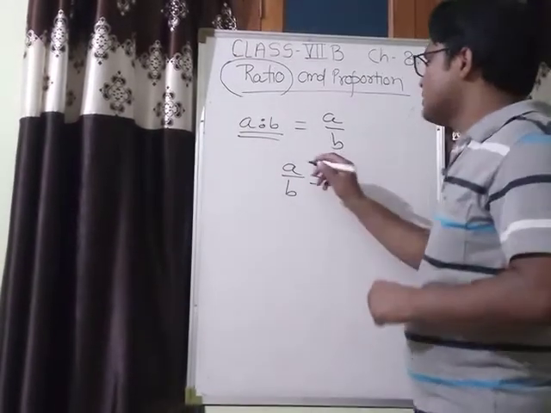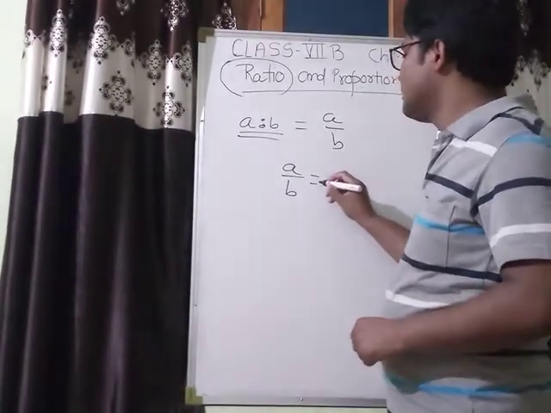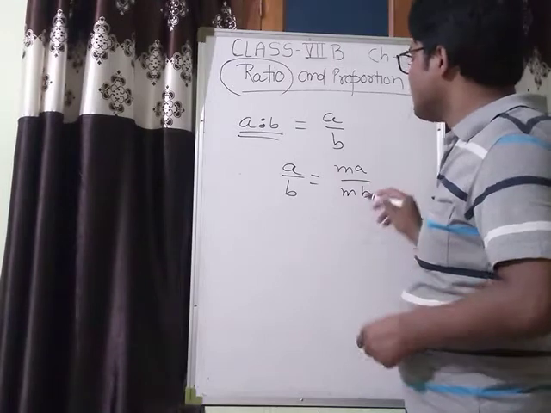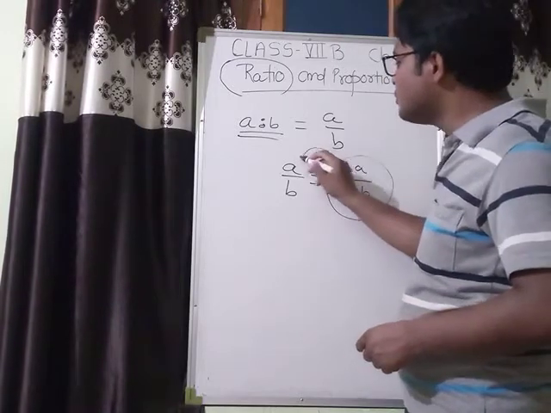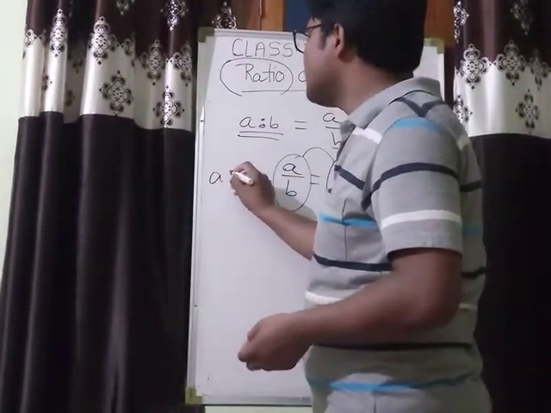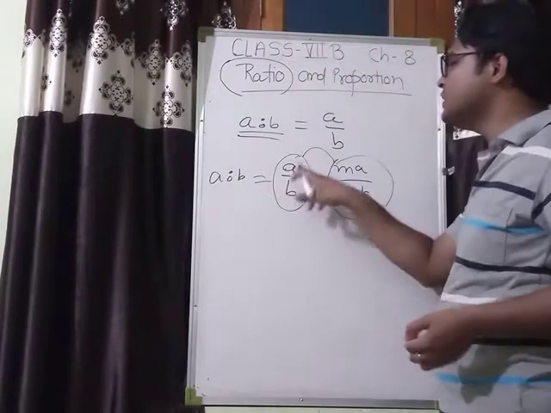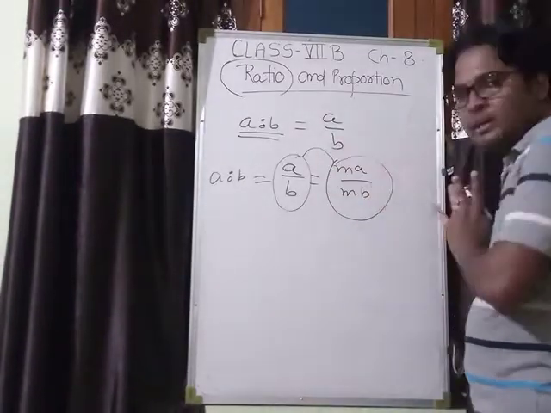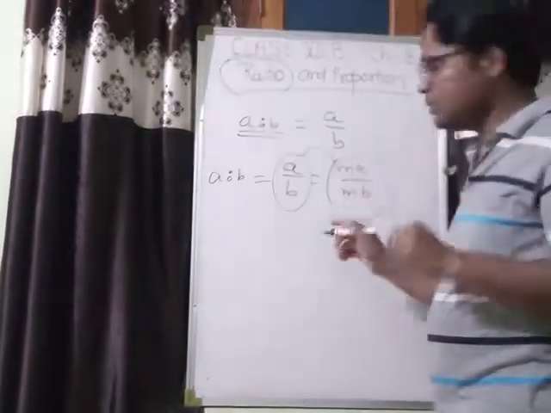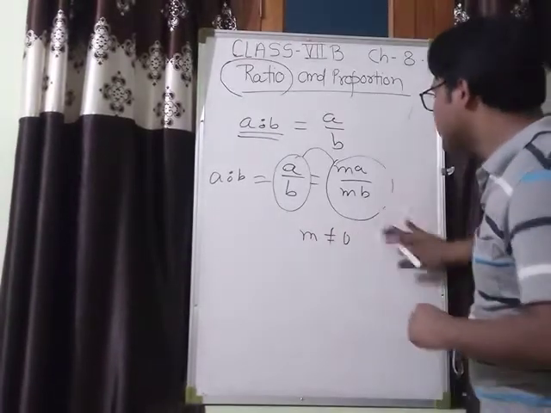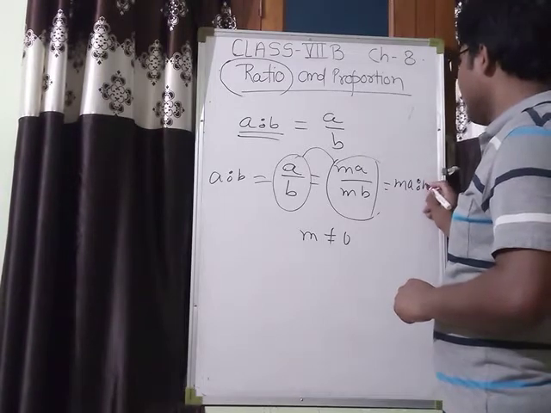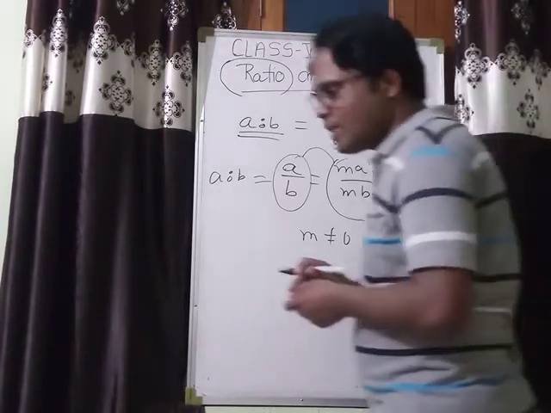Then suppose कि हमने m से इसको multiply किए, और इसको भी m से multiply किए, ma upon mb. So जो भी आएगा that is equal to a upon b. Okay, clearly, a is to b is a upon b, and both can be multiplied by a non-zero number, m should not be equal to 0. और फिर से इसको हम कैसे लिख सकते हैं, this can be written as ma is to mb.